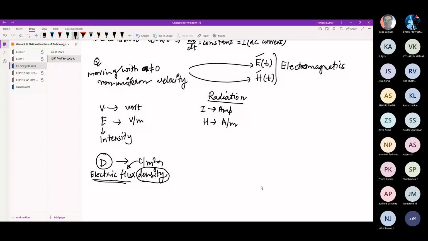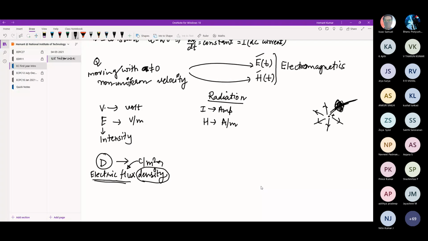If you have a stationary charge here, it will have electric field lines like this if it is a positive charge. If you measure here what is the flux passing through a particular area, that will tell you the electric flux density at that point. So flux passing per unit area: if you consider a small area, whatever flux is coming out of this area will be given by the electric flux density.